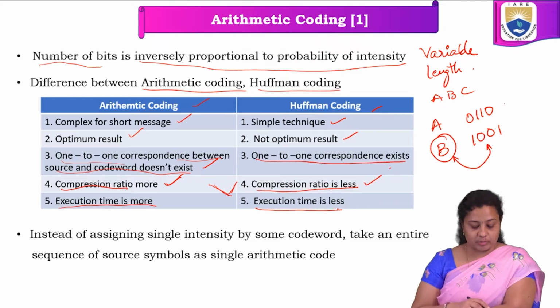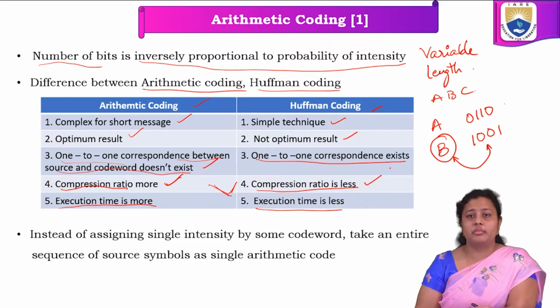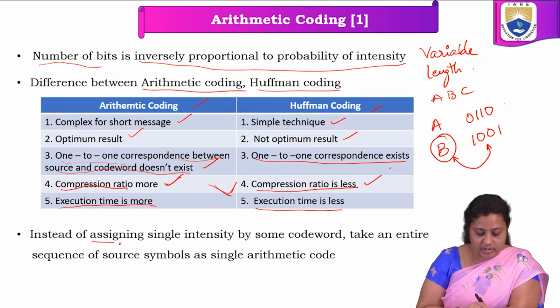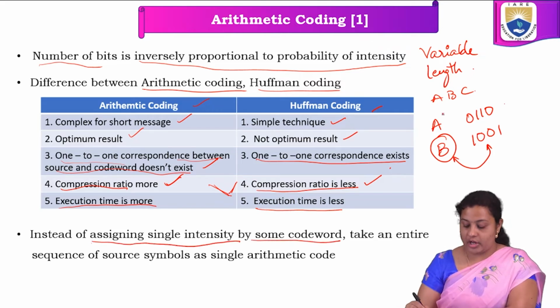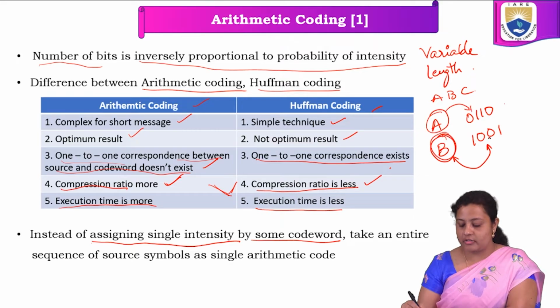Now, what we are doing in arithmetic coding is, instead of assigning a code word to a single intensity, like a single intensity A value or single intensity B value, as we do in Huffman and Shannon-Fano coding, we take the whole ABC combination. A is called the code symbol, whereas ABC is called the code word.